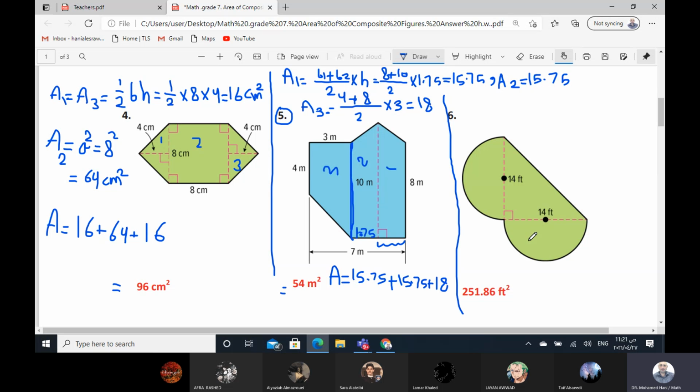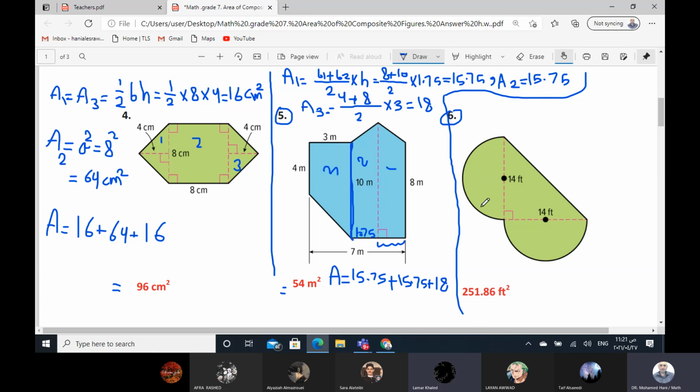Okay. Who can tell me now how to find the area of this figure? Mister, we're going to put first the formula of the semicircle.